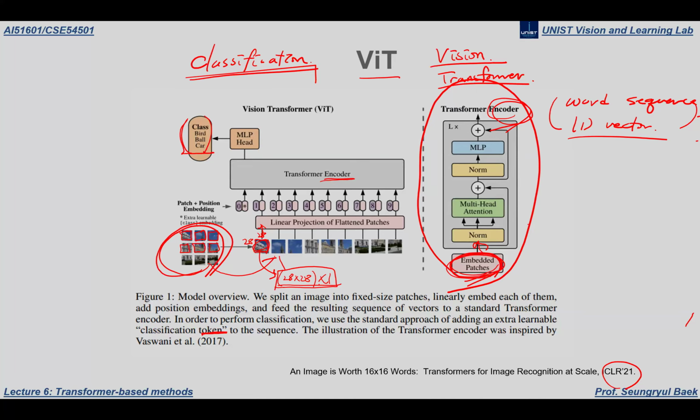We input these flattened image patch values, and then we apply the self-attention mechanism by converting each one into key, query, and value, and further apply some MLP and iterate this L times.